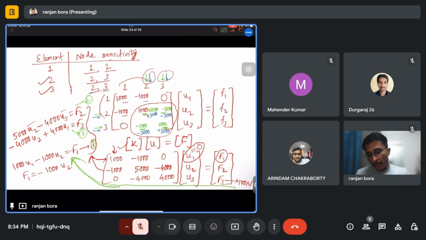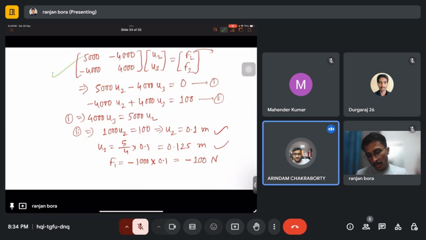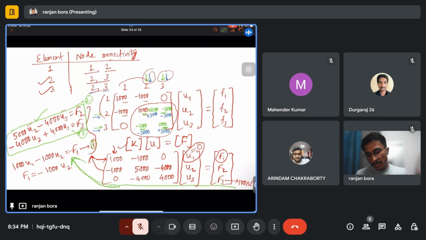You can see these two equations. If we represent these two equations in matrix form, we get this form, right? These were some intermediate steps which I didn't show. First we simplify these equations, then we get these three equations, and we take only the second and third equation to represent in matrix form.